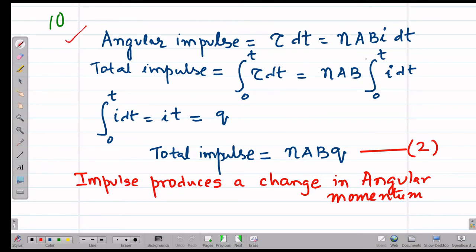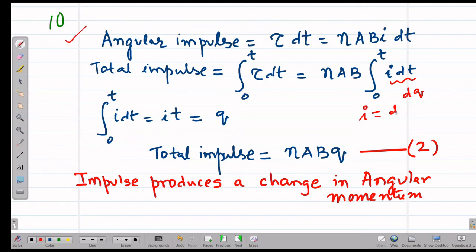So the total impulse is, for tau dt, if I substitute, it is NABI dt. N is a constant, A is a constant, B is a constant. I take it out. So integral 0 to t i dt. But i dt is nothing but a small amount of charge dq that passes through the coil. Here you should know a little bit of Ohm's law. Why is current into time charge? Do you know?